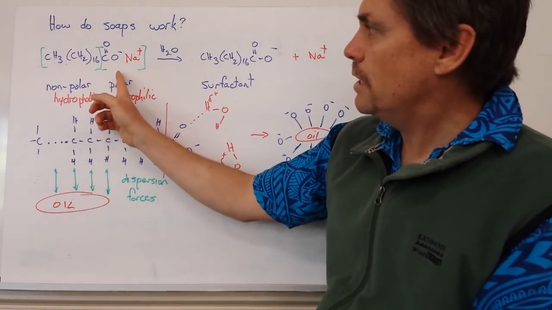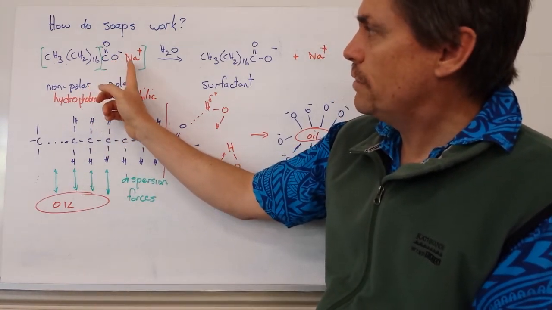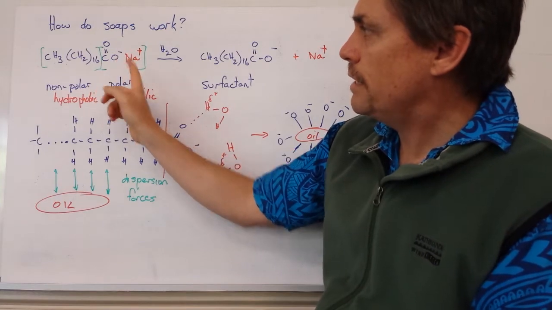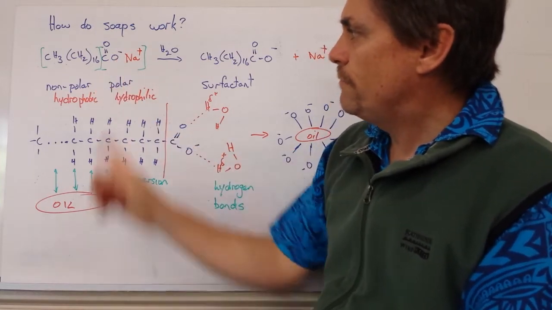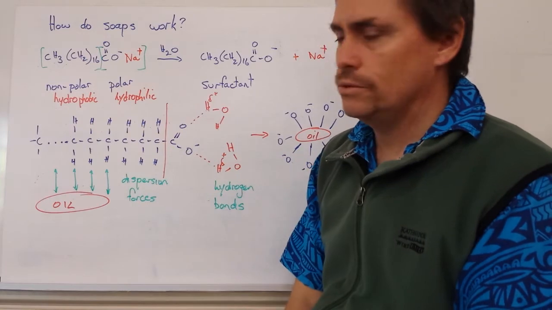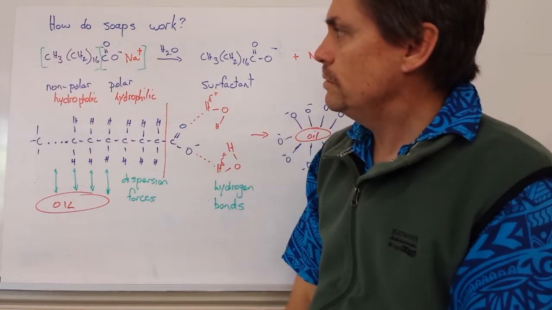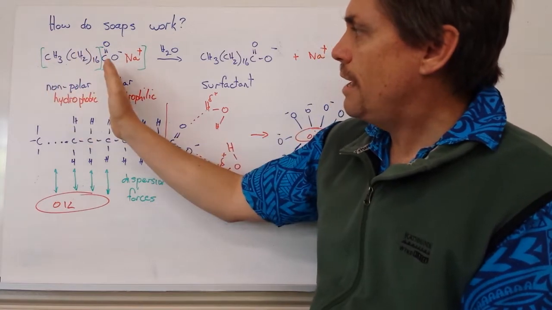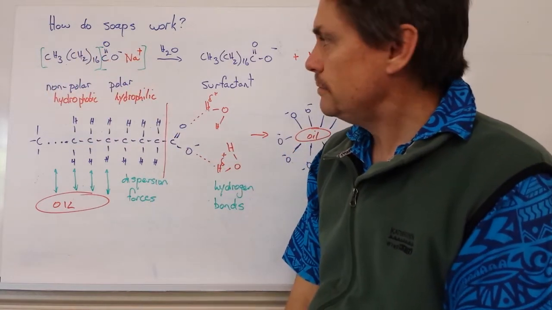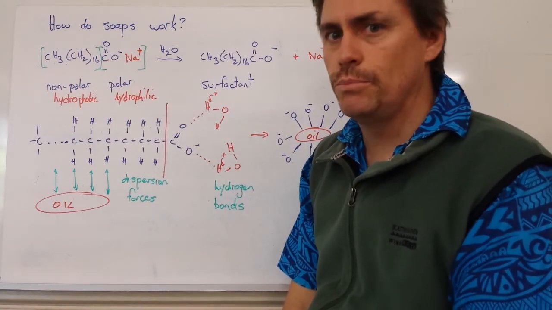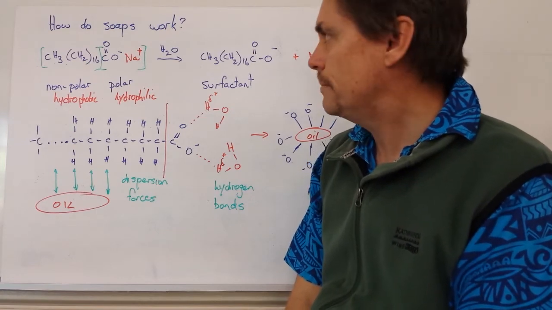And on the right-hand side, because we've got an ionic bond between our oxygen here and our sodium, we form a polar part of the molecule. So within the one sodium stearate molecule, we have a non-polar region and a polar region. Now, something interesting happens when we put this particular molecule into water.